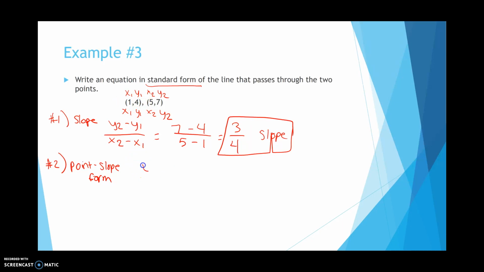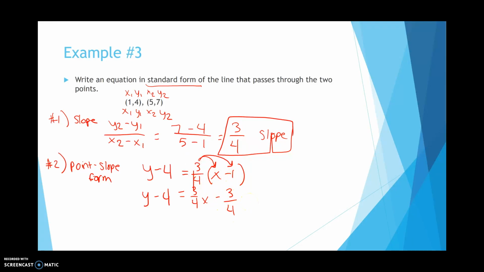So we have y minus my y1, which is 4, equals my slope m, 3/4, times x minus 1. I'll distribute the 3/4 to x and -1. Y minus 4 equals 3/4 x minus 3/4. 3/4 times -1 is -3/4.